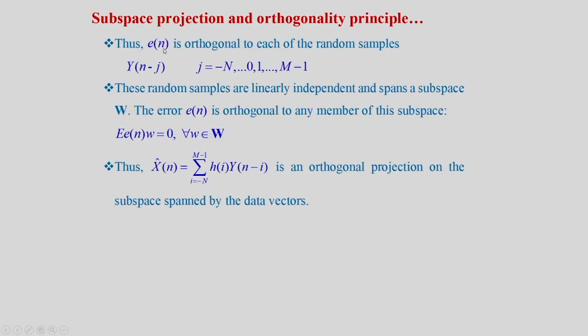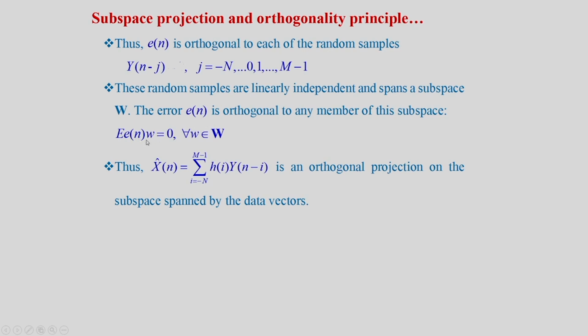Thus, e[n] is orthogonal to each of the random samples y[n-j], j going from -N to M-1. These random samples are linearly independent and span a subspace W. The error e[n] is orthogonal to any member of this subspace.